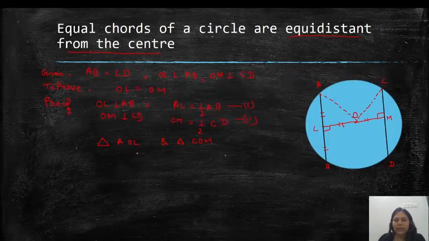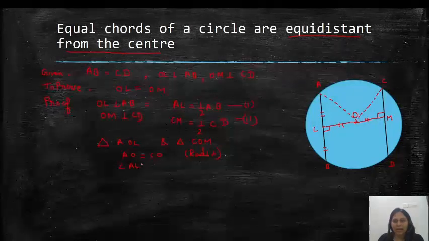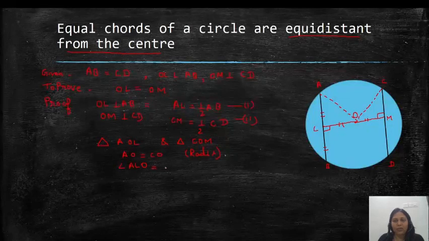In these triangles we know AO is equal to CO. How? Both are radii of the circle, right? Then we already know that angle ALO is equal to angle CMO, and that is equal to 90 degrees because these were perpendicular.